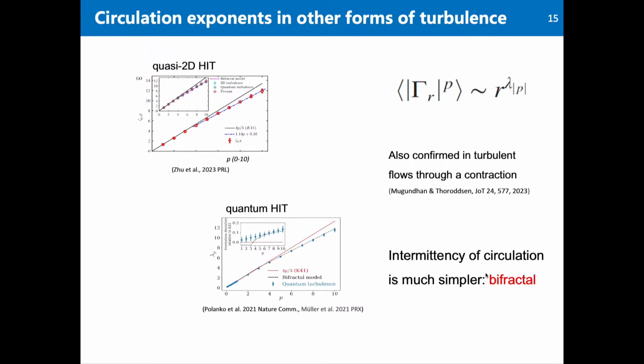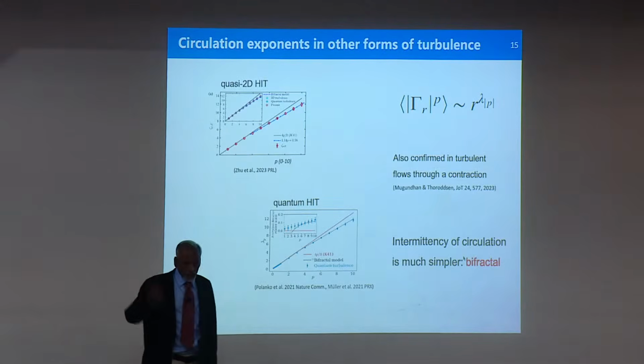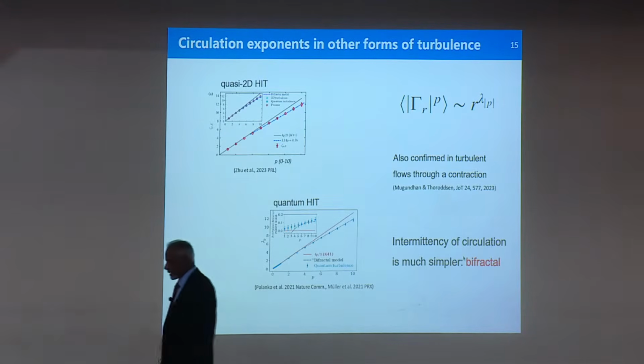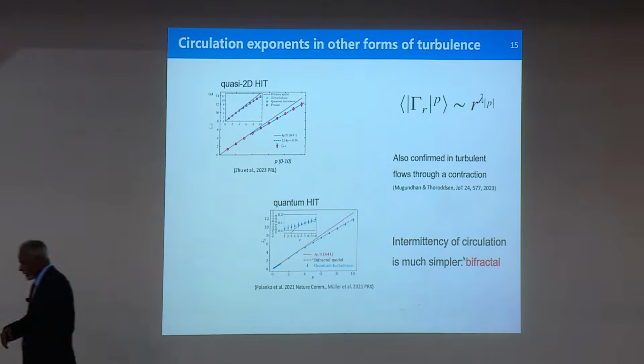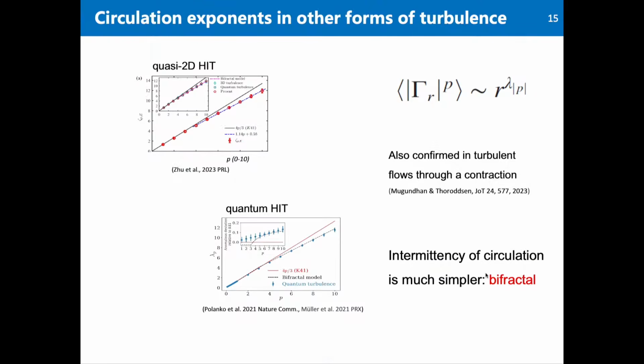So the answer is that I have a bifractal behavior instead of a multifractal behavior, which Professor Bala talked about earlier in the other room. The intermittency of circulation is much simpler than this multifractal behavior, and all I need to know is this bifractality.